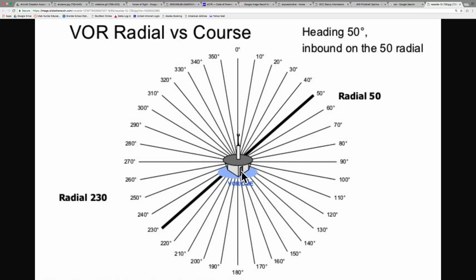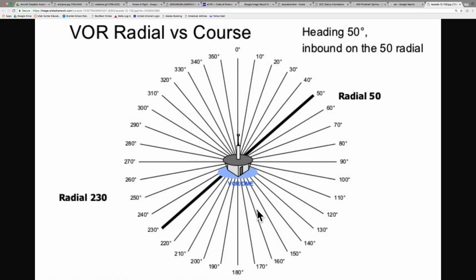This DME on this side here stands for distance measuring equipment. Not only will this VOR send out that 360-degree radial, or compass in layman's terms, it also sends out a signal telling the airplane how far away from that station it is.